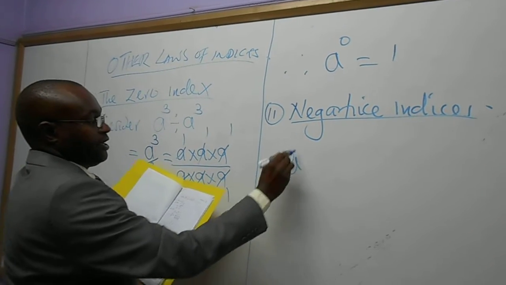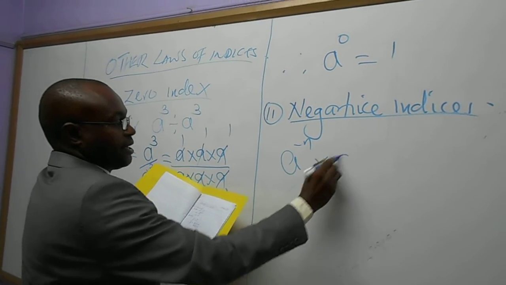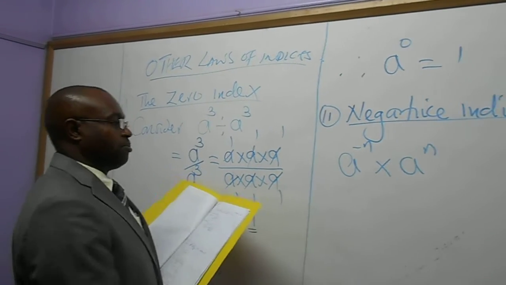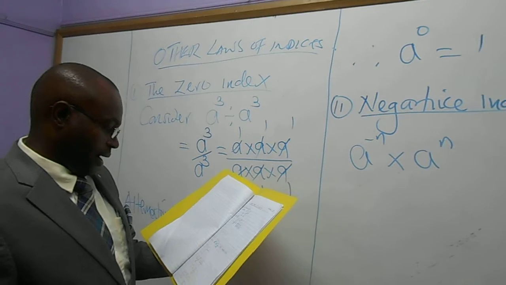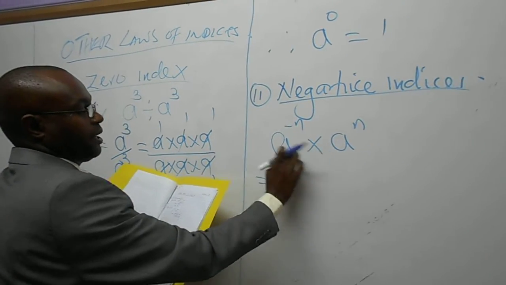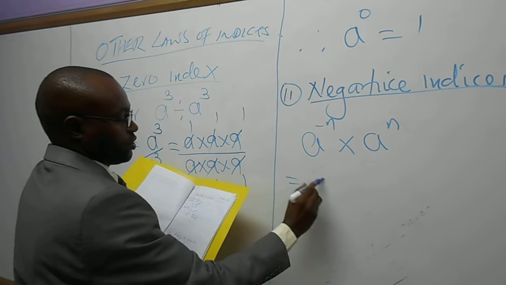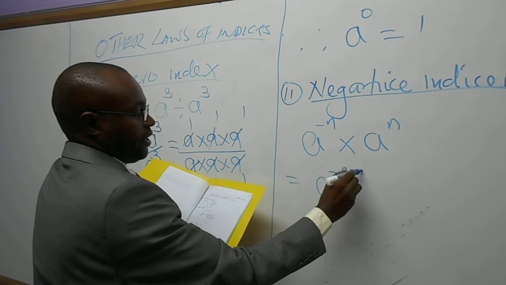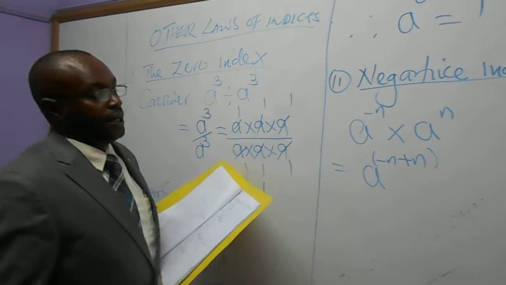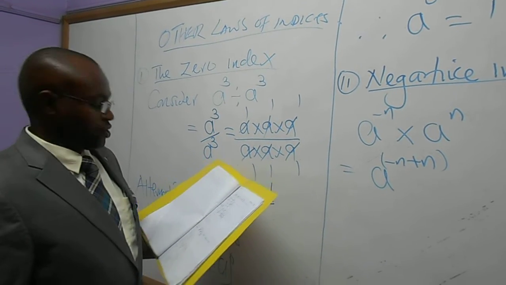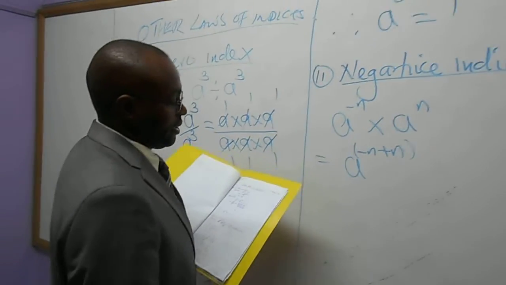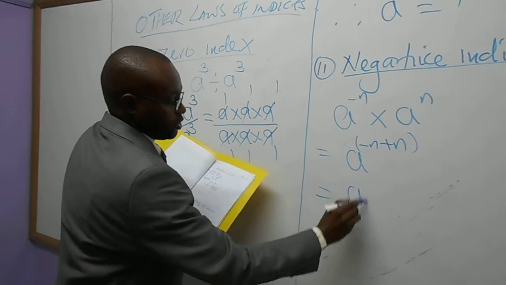If you have a to the power negative n times a to the power n, because we are multiplying, we add the powers, so we shall have negative n plus n. And of course, negative n plus n gives us 0, the same as n minus n. So this gives us a to the power 0.